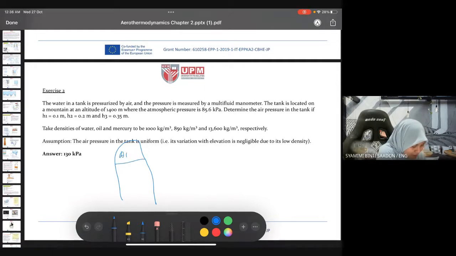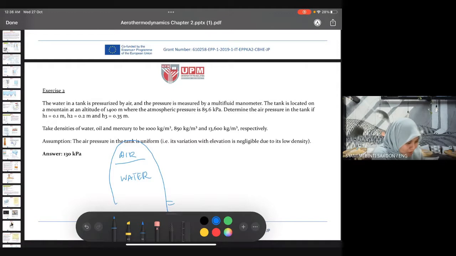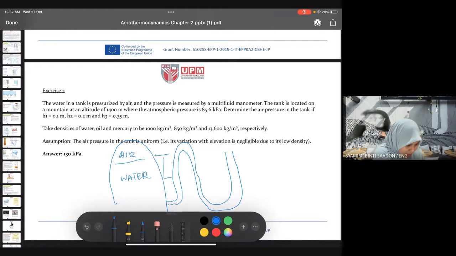So you have air here and you have water here. I want to make a small hole here. So this is H1.